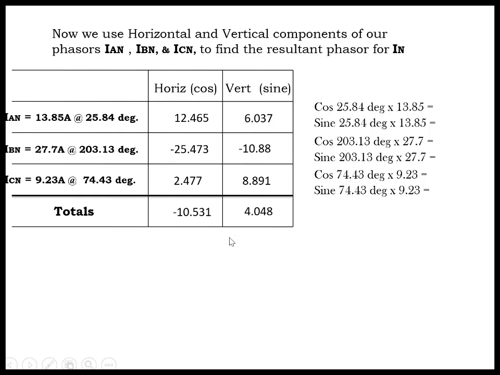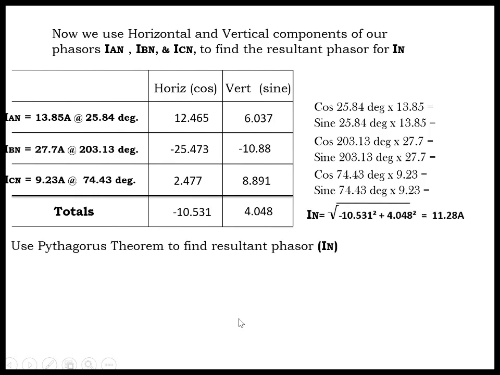I now have the two sides that make up the triangle to determine my neutral current. I basically just show those two sides. My horizontal, minus 10.53, my vertical, 4.048. Use Pythagoras' theorem to calculate my neutral current.